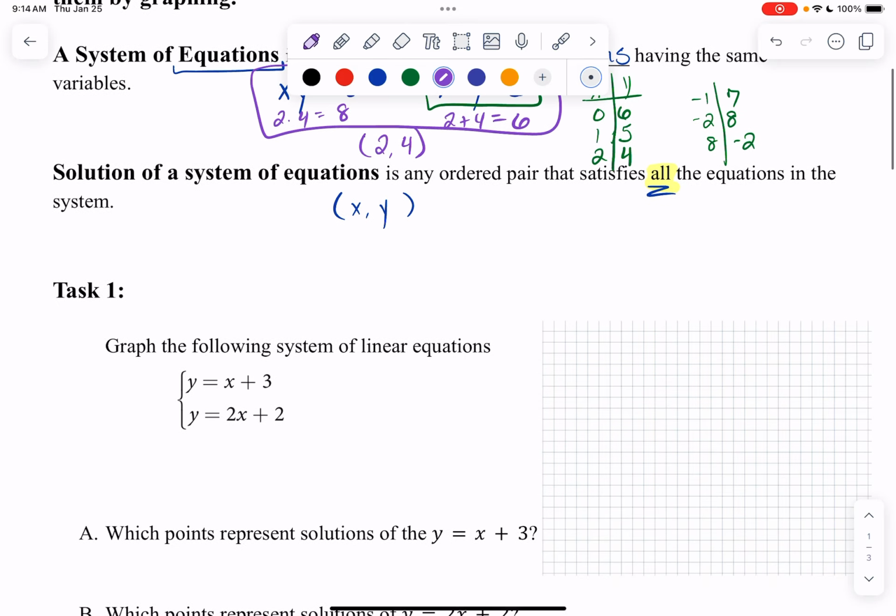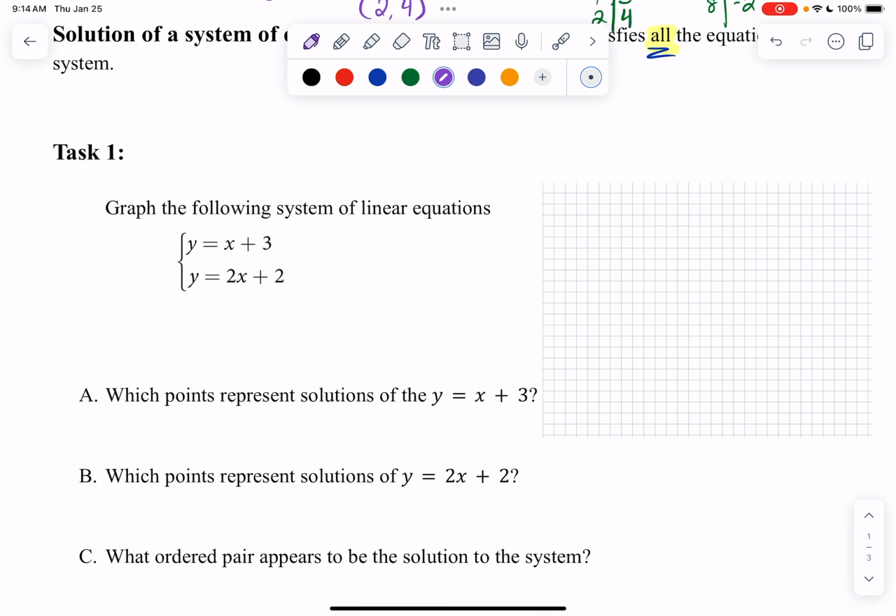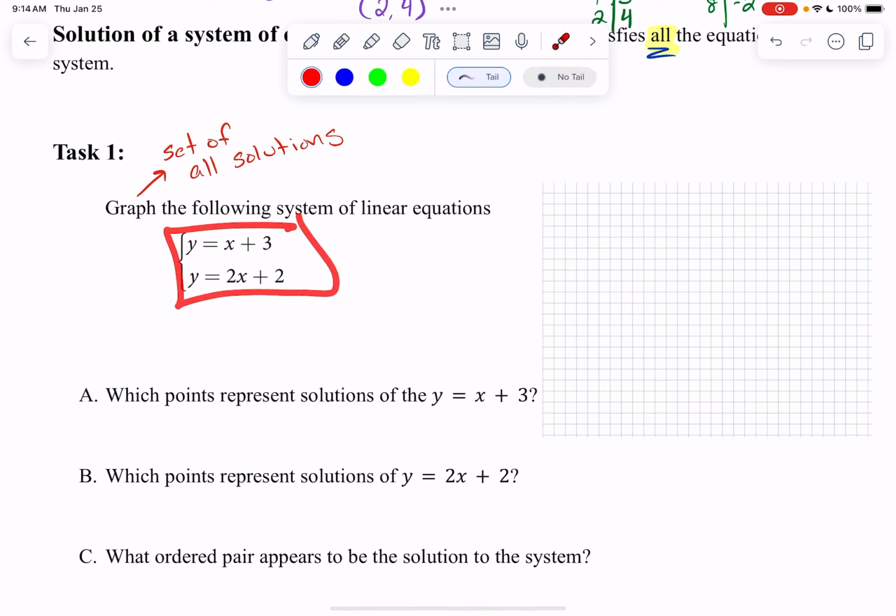So we're going to find those solutions by graphing because, again, a graph is just the set of all solutions. So when I graph this, I'm getting the set of all solutions. So first, let's go ahead and graph this system. Here's what a system often looks like. A lot of times we put curly brackets in front of them.